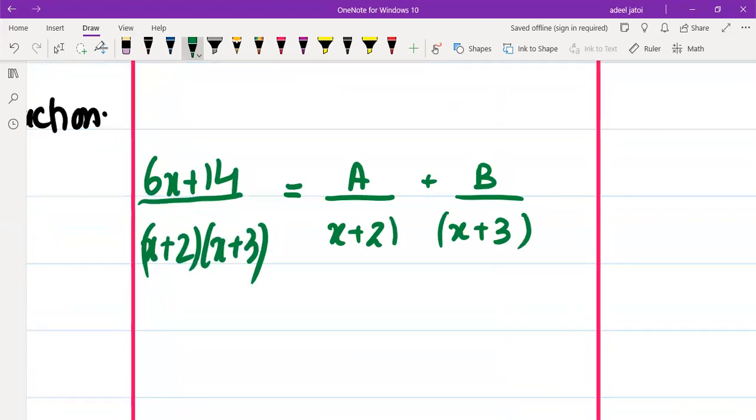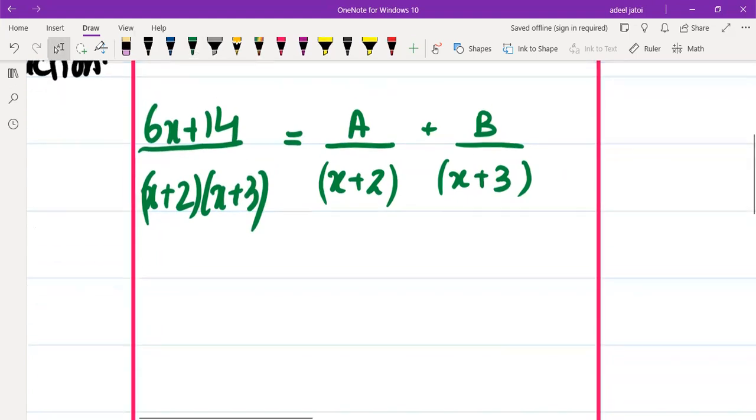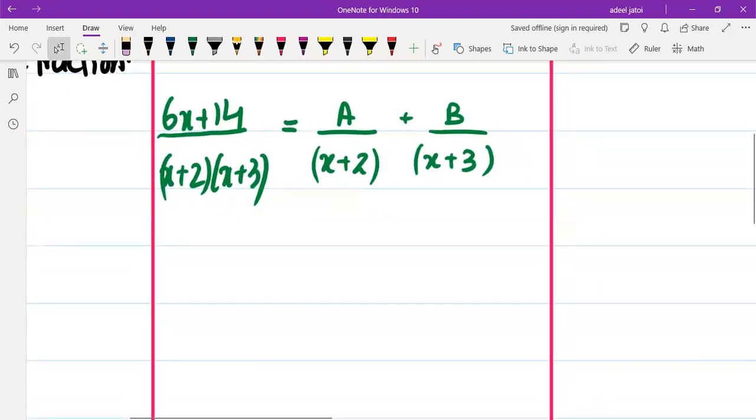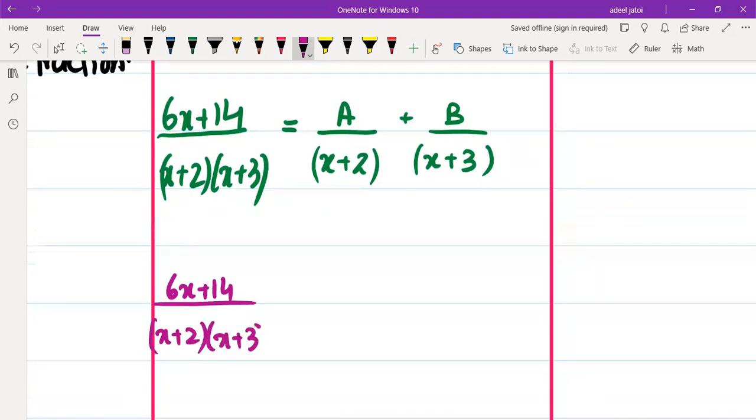Knowing the fact that these are linear roots, that means there is no power on any of the variables or over the brackets. Let's just solve this. So we have 6x plus 14 upon x plus 2, x plus 3. And we take the LCM of the same brackets, x plus 2, x plus 3.